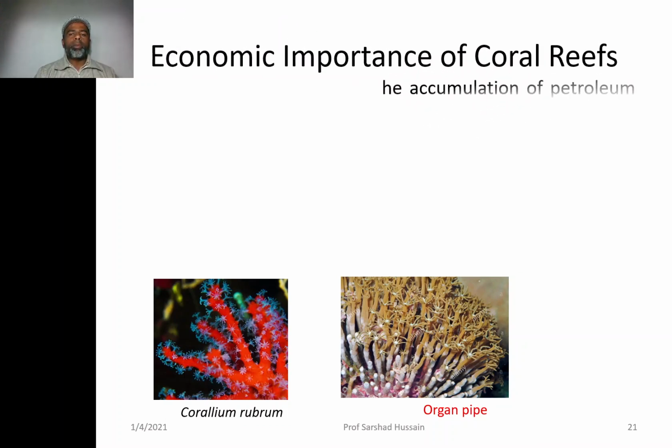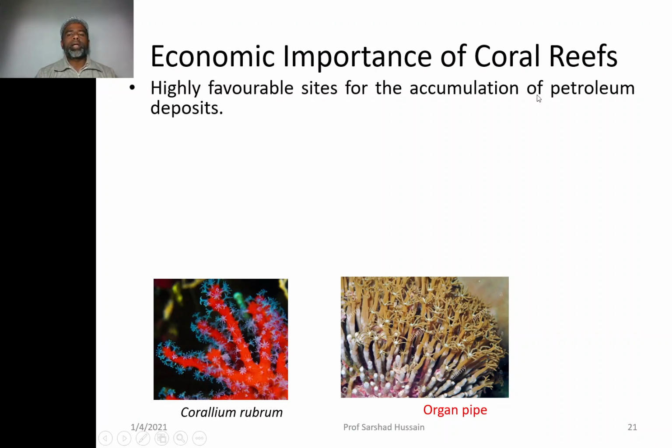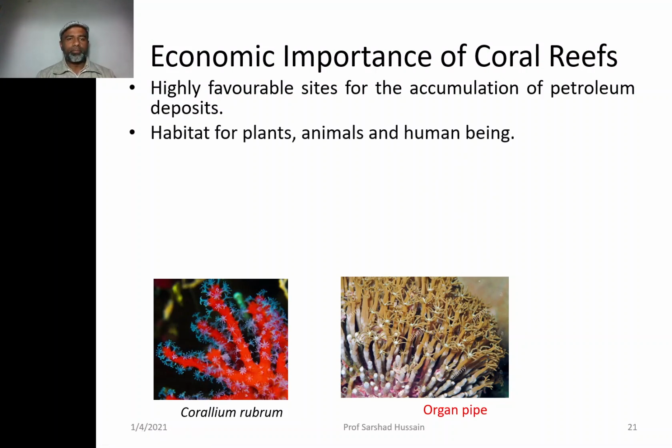Now, coming to the economic importance of the coral reefs. They are highly favorable sites for the accumulation of petroleum deposits. You might have learned many times that petroleum is extracted from the ocean by boring the coral reefs, because coral reefs are the best site for the deposition of petroleum.